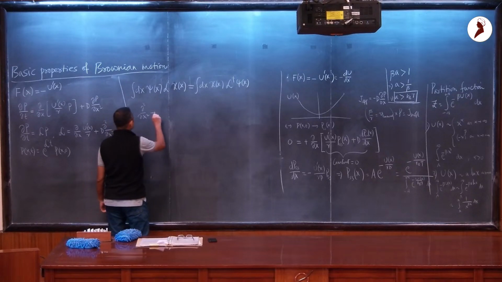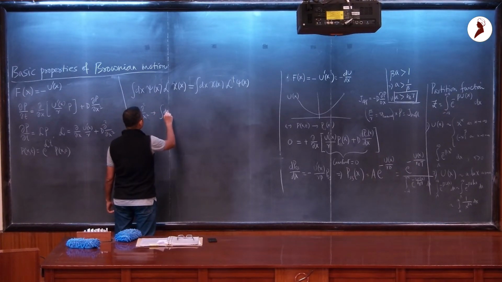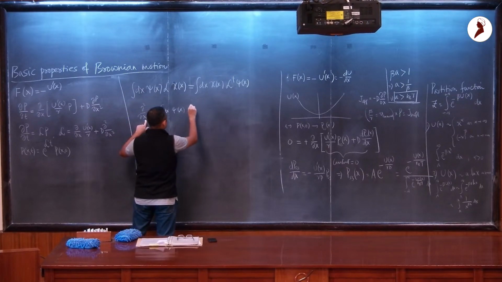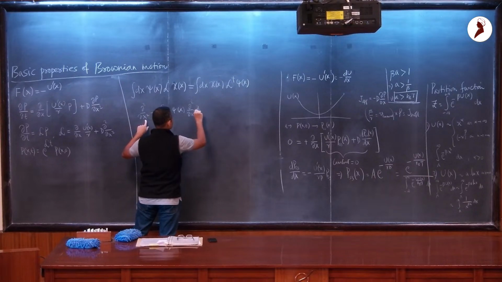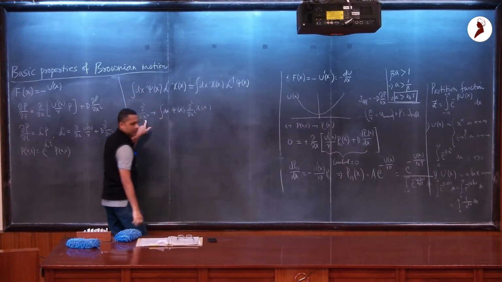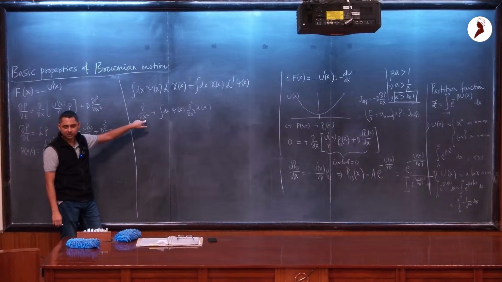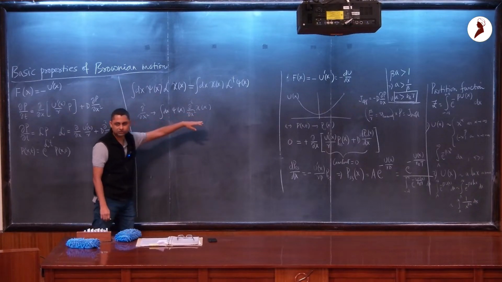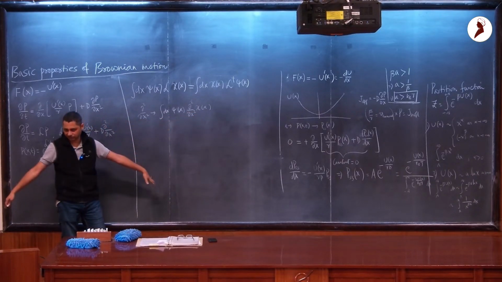So you have integral dx psi of x, del 2 chi of x. Now you integrate by parts, and you assume that these functions and their derivatives vanish at infinity.